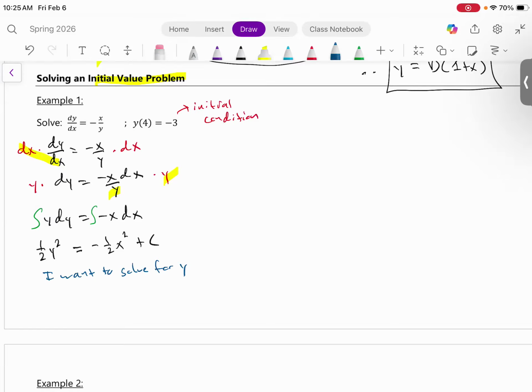So what I'm going to do is multiply both sides by 2. And so the 2's cancel out. So what I'm left with is y squared equals, if I distribute in this 2, it becomes negative x squared and then plus 2c.